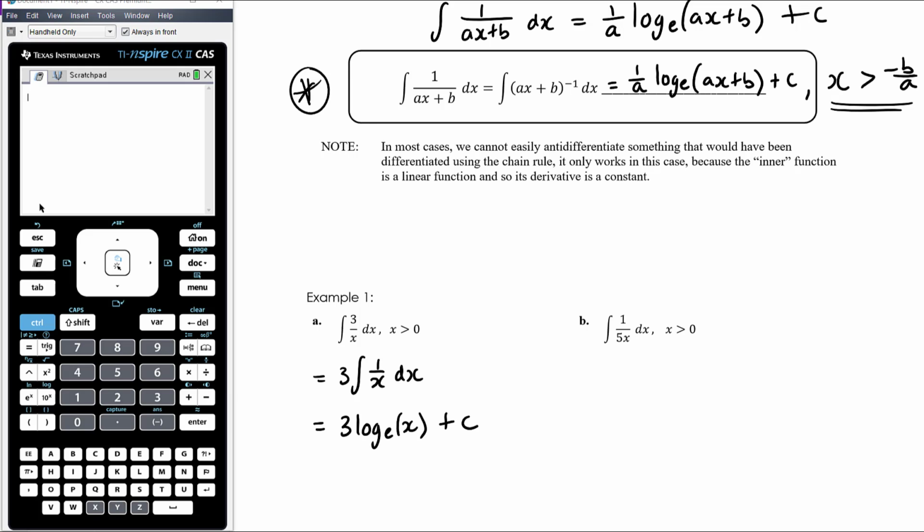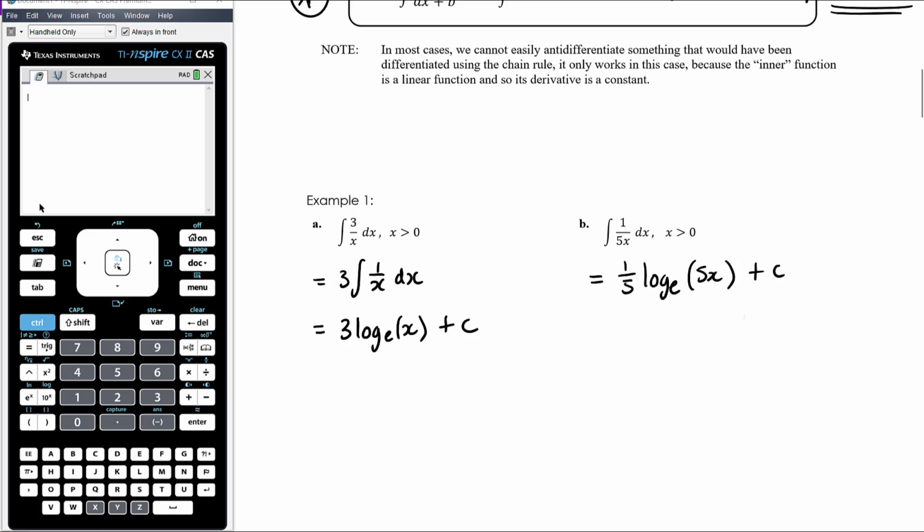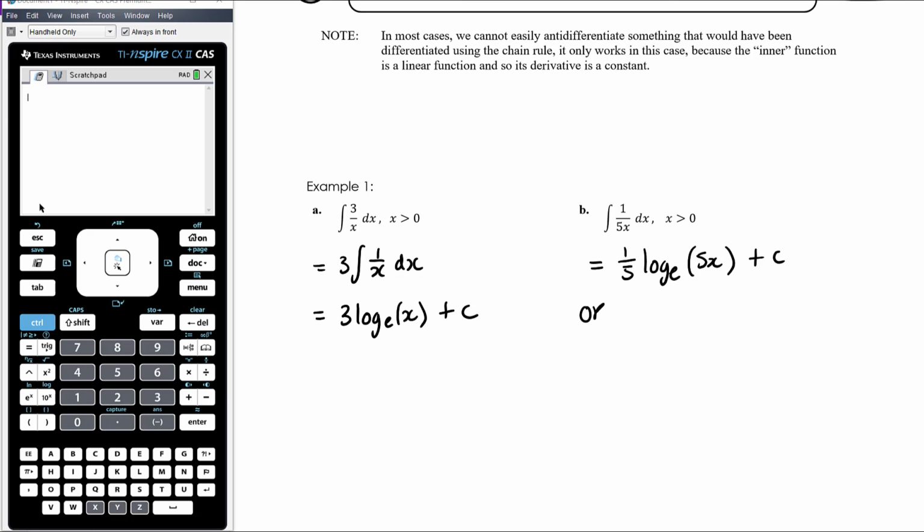And so if we follow that rule, we get 1 on 5 times log e of 5x plus c. And that's perfectly correct. Or we could think about this integral as being the same as 1/5 times the integral of 1 on x, in which case it is 1/5 times log e of x plus c.